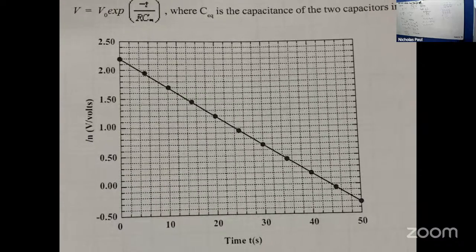I wrote this badly. It should really be T, not tau. Tau is RC. Just fix that for me.